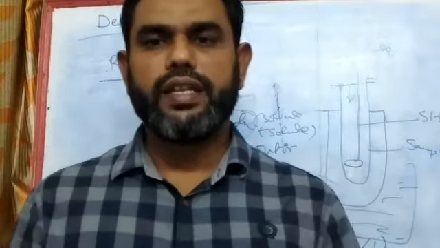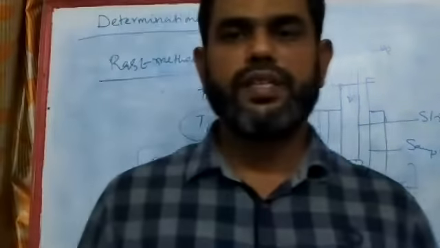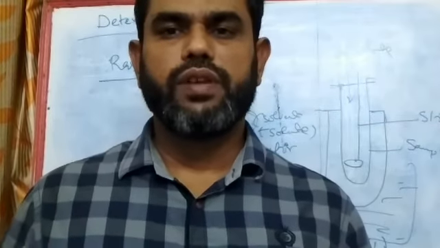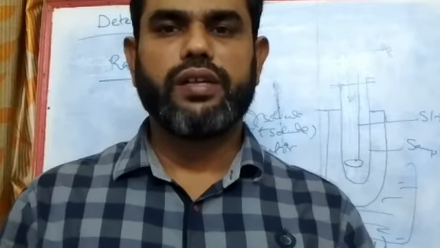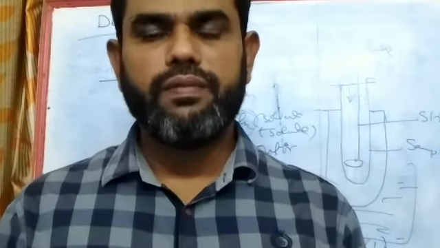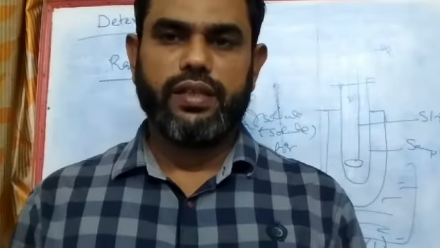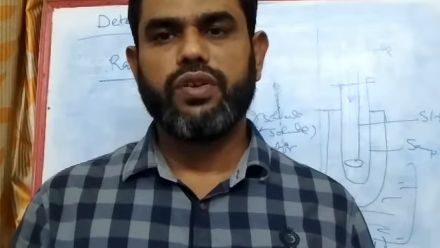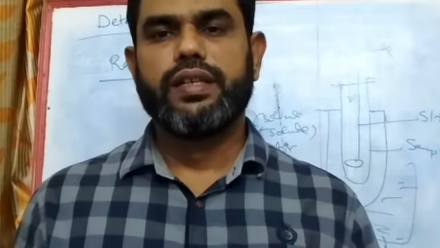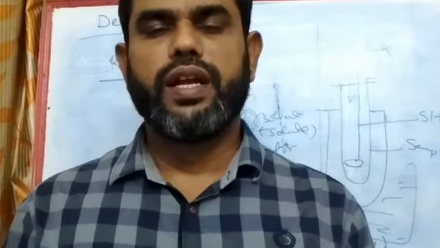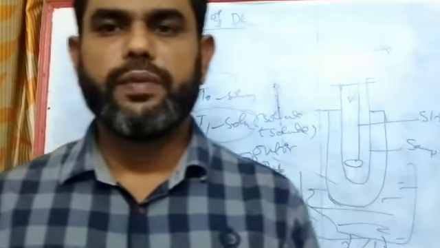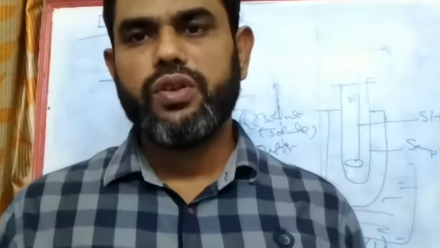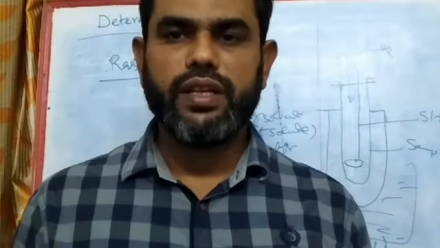Then we relate the lowering of vapor pressure with Raoult's law, with the number of moles of solute and solvent. Finally we got the equation defining the relationship between number of moles of solute and depression of freezing point. So we found that depression of freezing point is a colligative property because it depends on the number of moles of solute added, not on the nature of the solute.